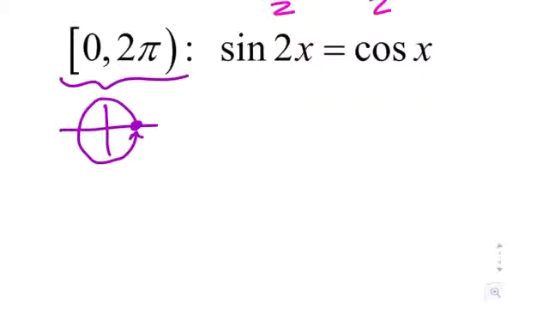Remember that the strategy for solving is the following. If you have more than one term with a variable in it, your goal is to get everything on one side and set it equal to 0. If you have just a single term with a variable in it, you want to isolate it. So how many terms do we have with variables in this equation? 2.